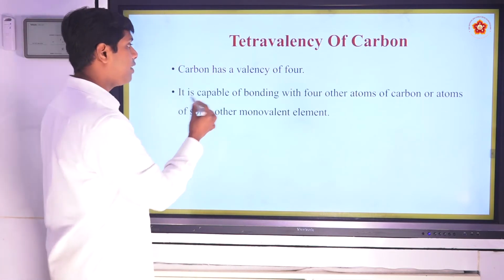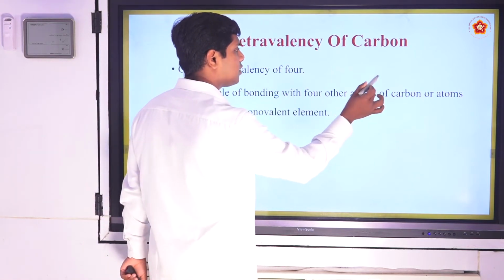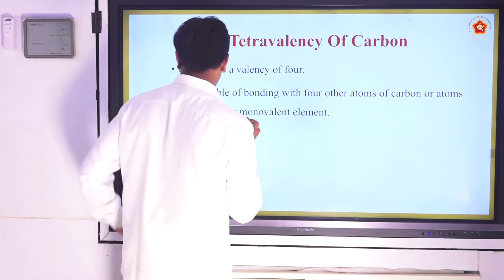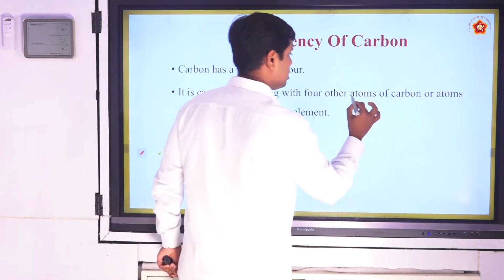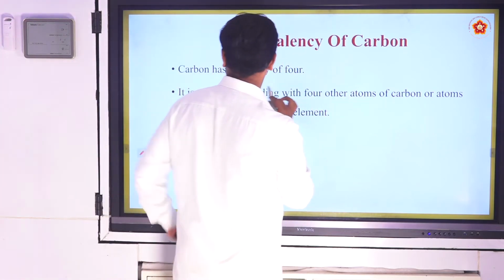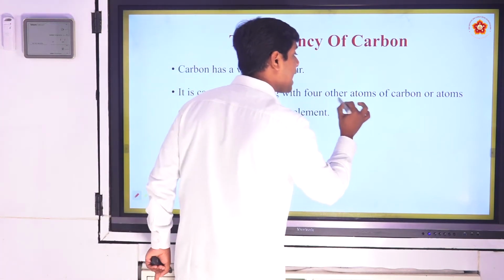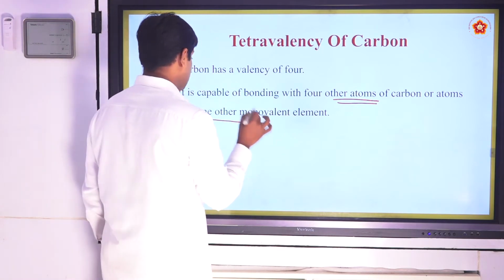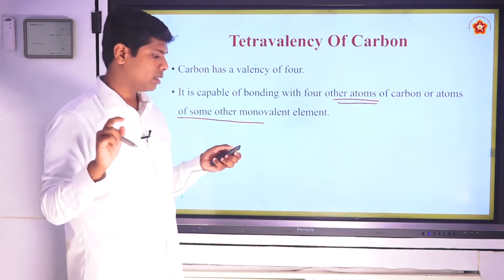It is capable of bonding with 4 other atoms of carbon or atoms of other monovalent elements.